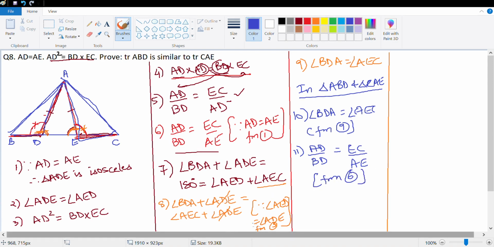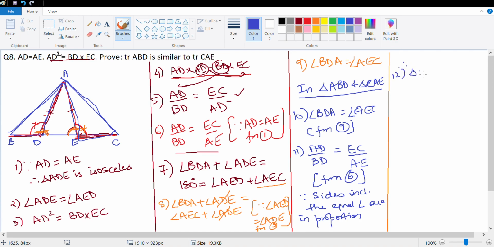Therefore, since sides including the equal angle are in proportion, triangle ABD is similar to triangle CAE by SAS test.